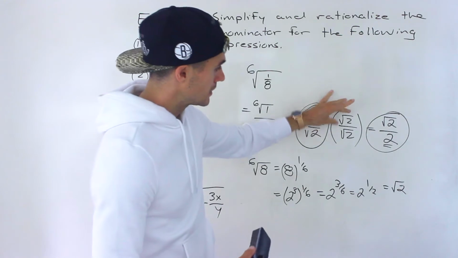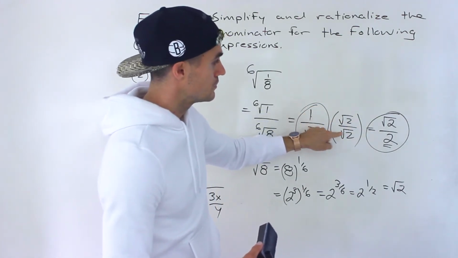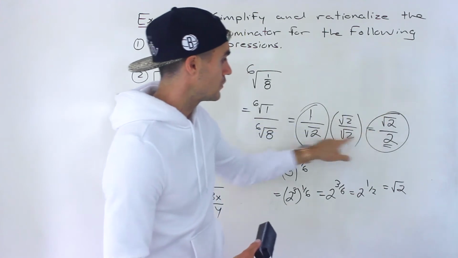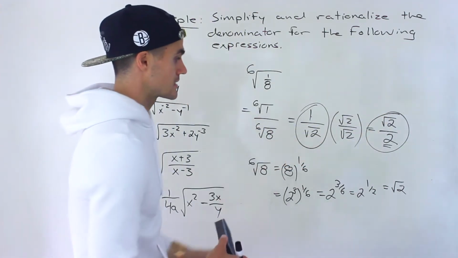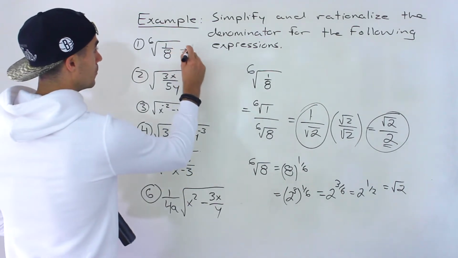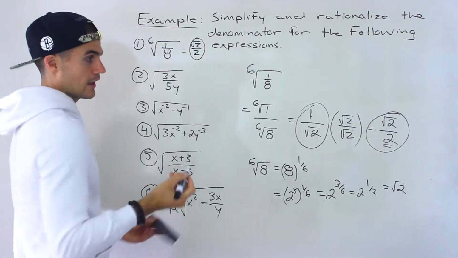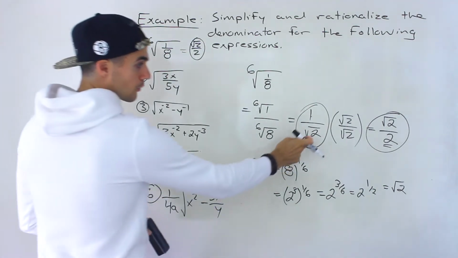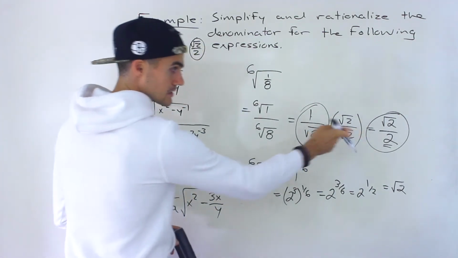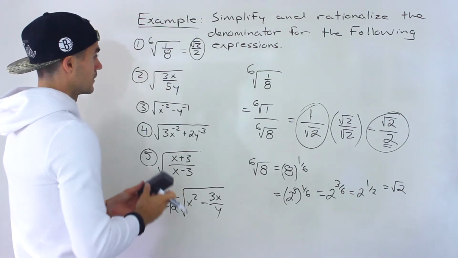It's just a different format, even though this and this end up being the exact same thing. Here there was a radical in the denominator, so we had to rationalize it to get rid of it.